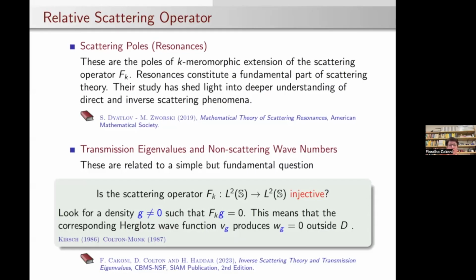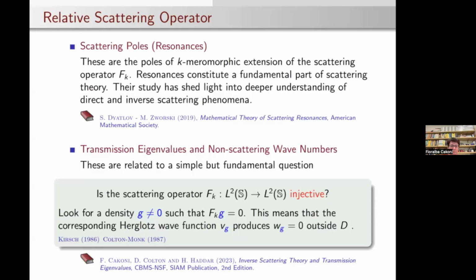So instead of looking at the poles of the meromorphic extension of this operator, I would like to look at the values of k for which this operator is not injective. Injectivity of this far field or relative scattering operator leads to non-scattering phenomena and transmission eigenvalues.